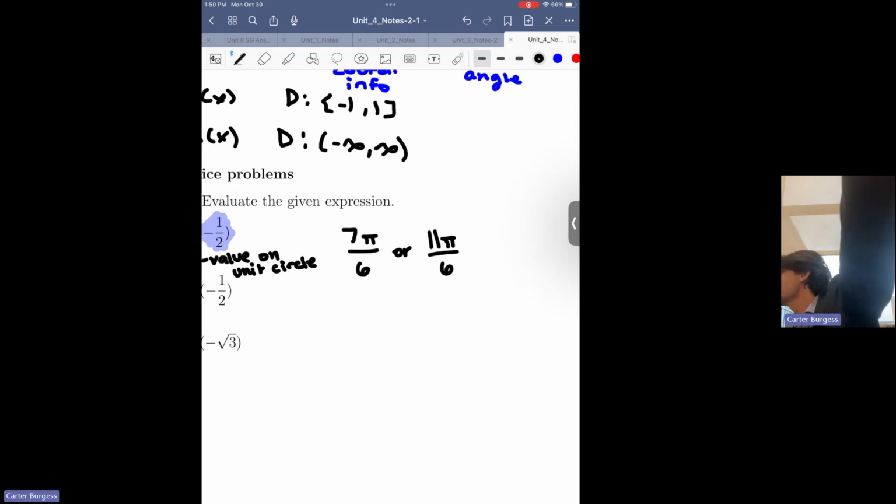I could have taken the sine of 7 pi over 6 to get to negative 1/2, or the sine of 11 pi over 6, or 23 pi over 6, or 19 pi over 6, or any of the various coterminal angles.